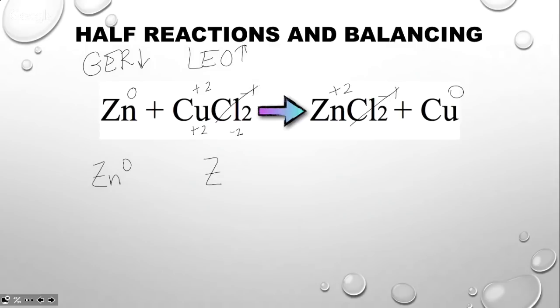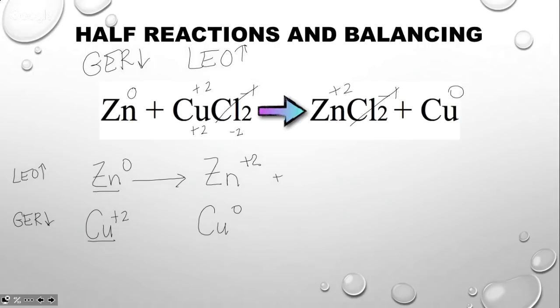Zn0 is turning into Zn+2. Cu+2 is turning into Cu0. Charge going up for zinc makes zinc 0 the species that is oxidized. Charge going down for copper +2 makes copper +2 the species that is reduced.